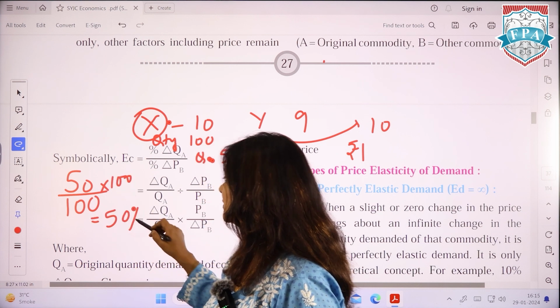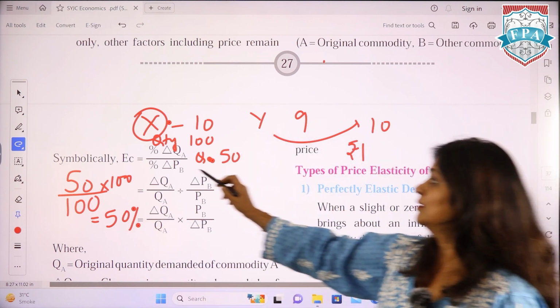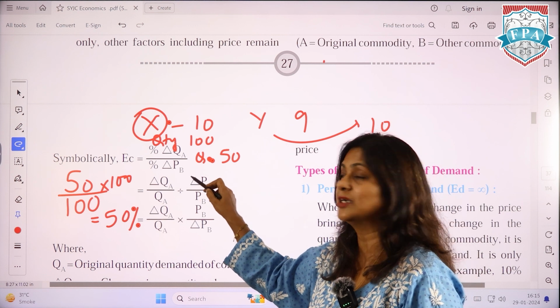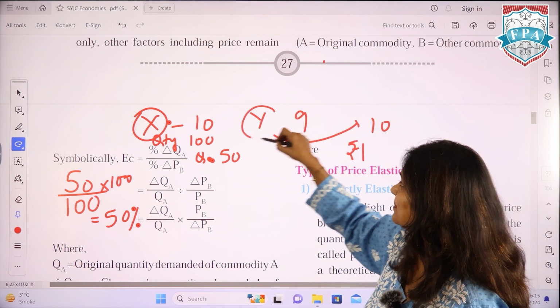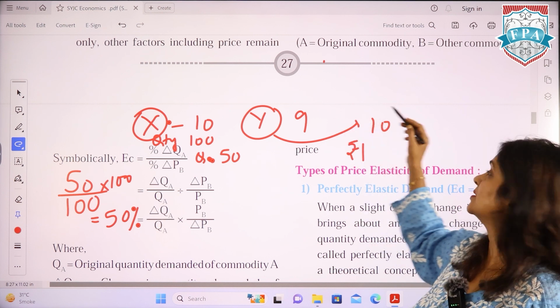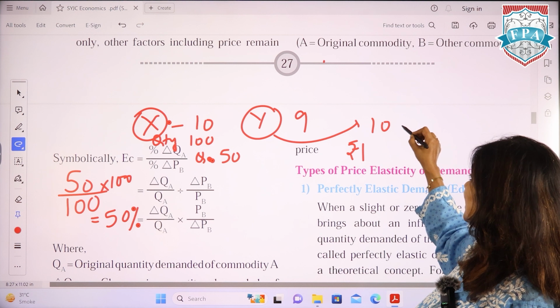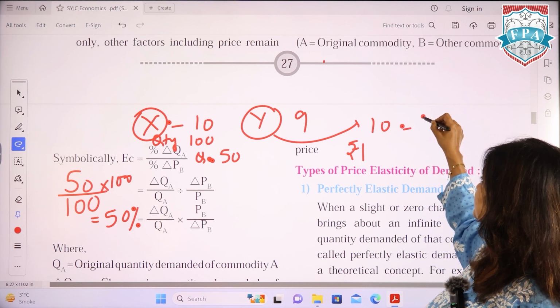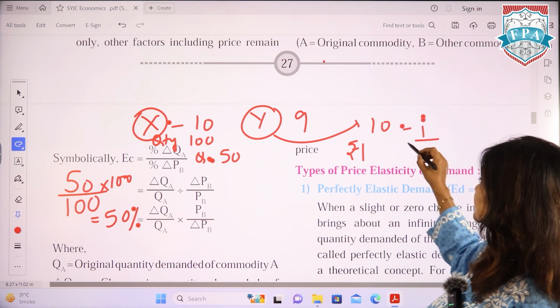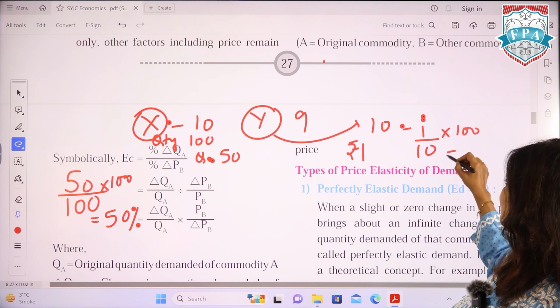Yes. And what is the change in price? Look at change in price of product B. This is my product B. Y is my product B. What is the change in price? It is 10 minus 9, which is 1 rupee. So what will be the percentage अगर निकालना हो तो 1 divided by original price, 10 into 100, it is 10%.